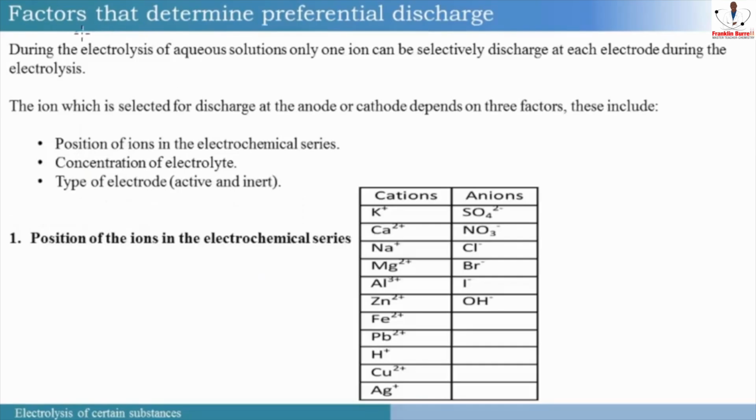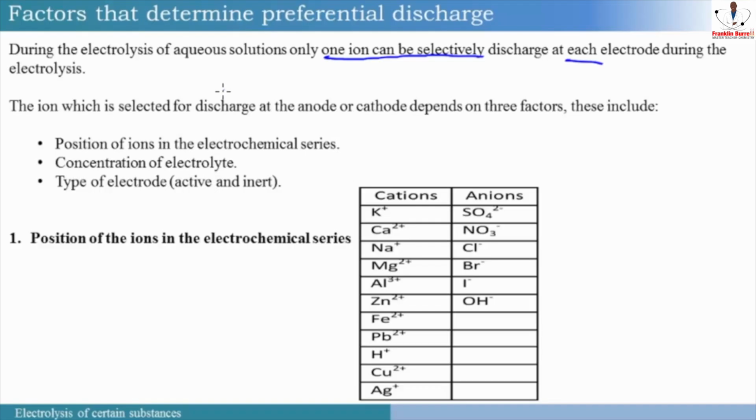Let's start by looking at the factors that determine preferential discharge. During the electrolysis of aqueous solutions, only one ion can be selectively discharged at each electrode. You will have more than one ion going towards the anode or the cathode, but one will be preferentially discharged over the other.